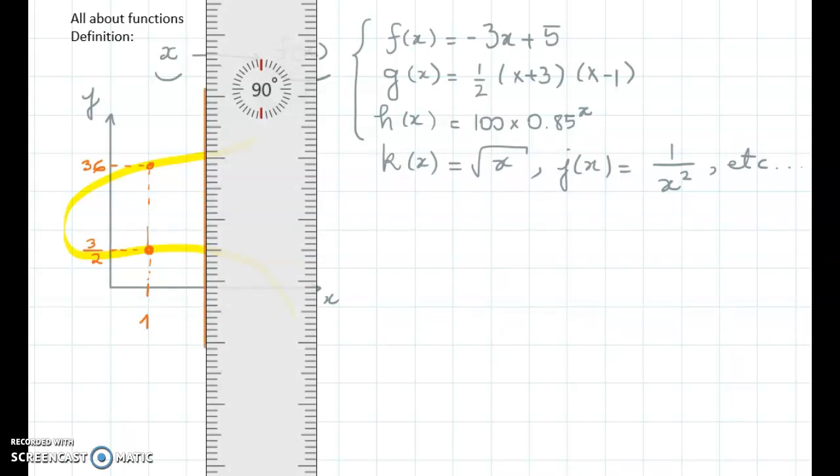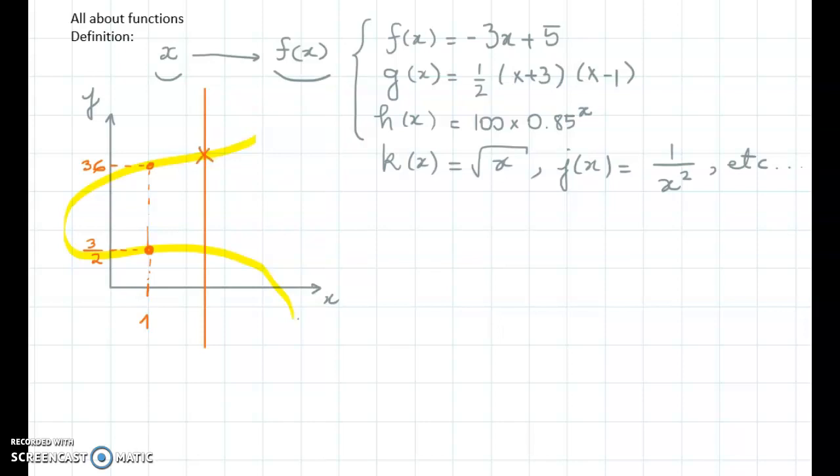So, for instance, 1 point over here and 1 here. So we'll say that this graph fails the vertical line test. And this means that it does not represent a function.